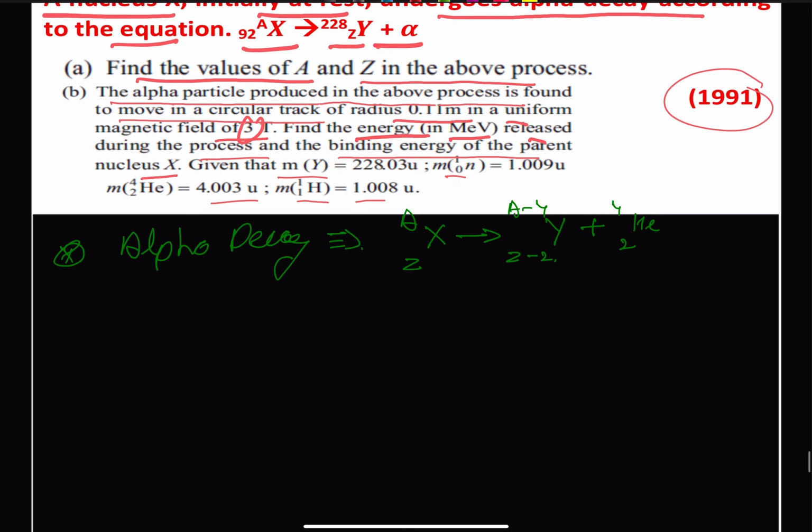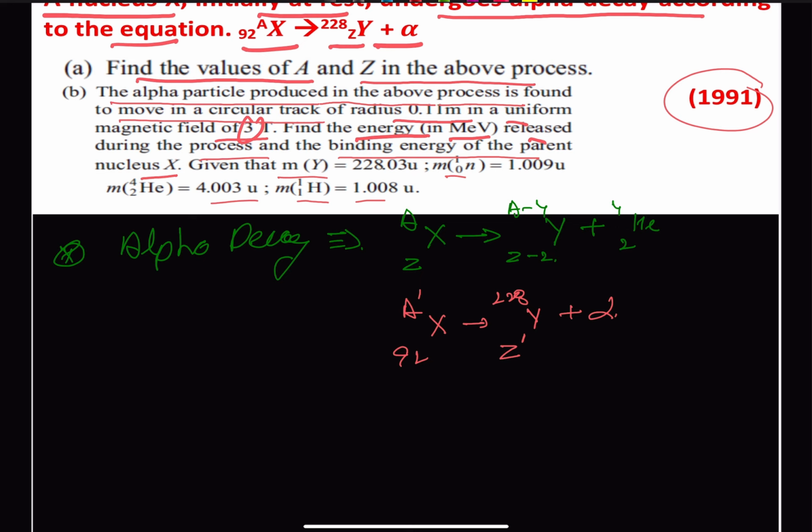And the given reaction is X 92 A giving us Y, that is Z 228 plus alpha. So if we compare them, let us call this Z prime in order just to differentiate, and this is A prime.